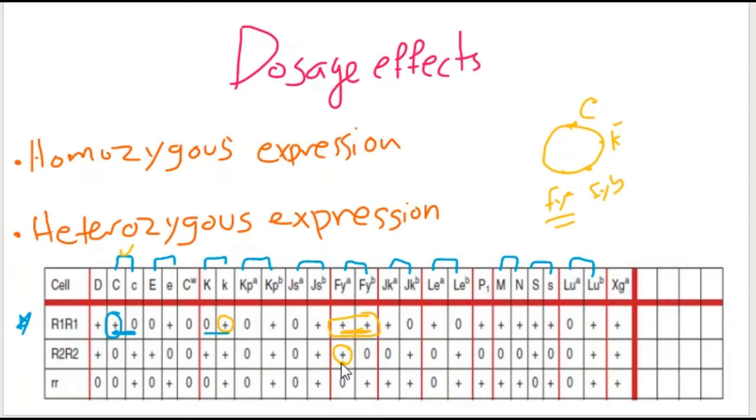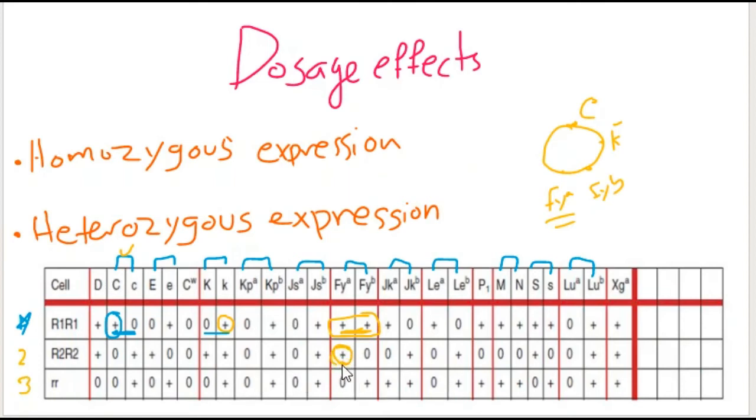So what's the importance of that? How can the number of copies affect things? As we said before, it's important to express these clinically significant antigens homozygously. In this kit, which is quite a good kit, we can see, for example, that Duffy is expressed homozygously between cell 2 and cell 3.